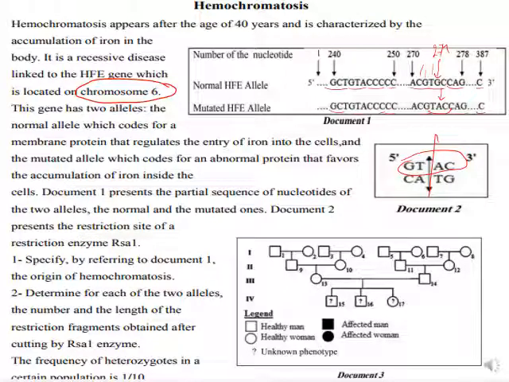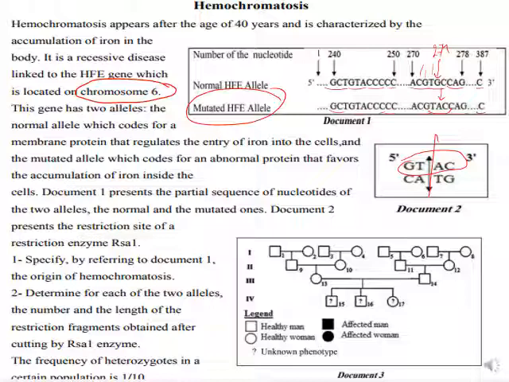So the origin of hemochromatosis according to this is a mutation by substitution at the level of the gene HFE, where a nucleotide G at the position 274 was replaced by A in the mutated one, and this leads to the abnormal protein. Determine for each of the two alleles the number and the length of restriction fragments obtained after cutting by the restriction enzyme RSA1.